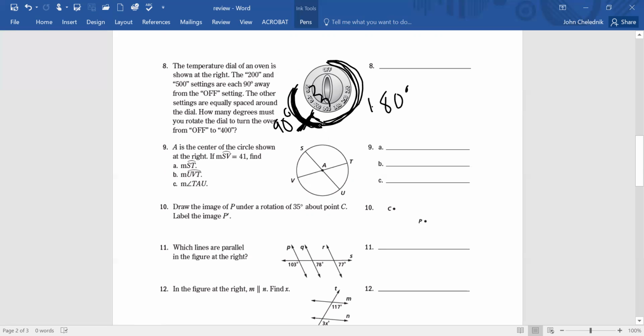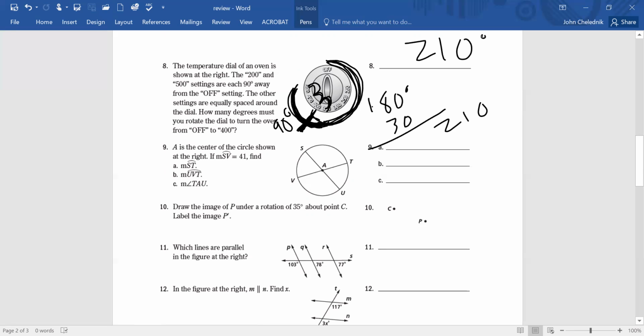That means each space must be 30 degrees. So this is 30, this is 30, this is 30. So it's 180 to get to here, plus an additional 30 to get to 400. So 180 plus 30 is 210. Now, if you turn it the other way, you would end up with the answer 150, just taking 360 minus 210.